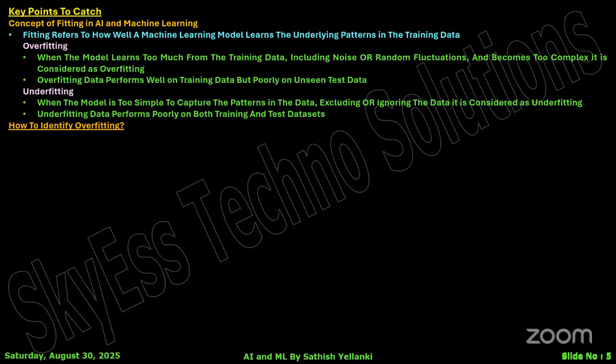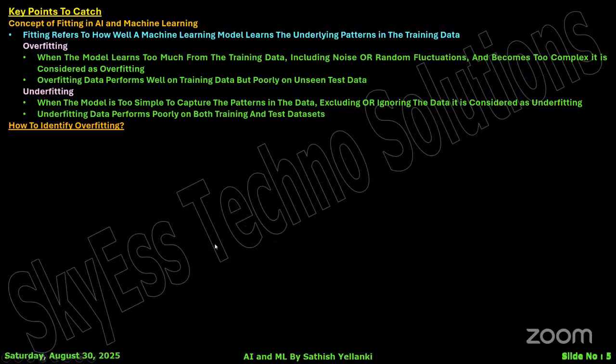So how can I know my model is overfitting? The model is performing very well on the training data. Whatever training data you have, it is working very well on that, returning a very low training error.